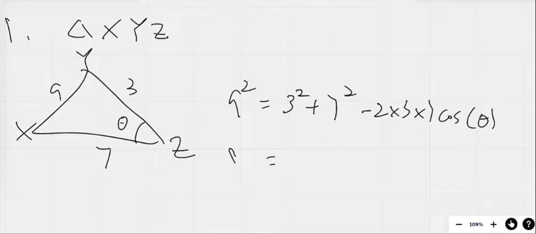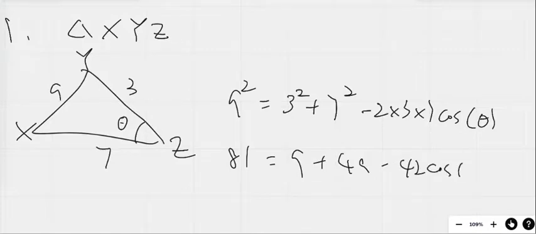And 9 squared is 81, 3 squared is 9, 7 squared is 49, 2 times 3 times 7 is 42 cosine theta. And 81 minus 9 minus 49, which is 81 minus 58, is 23. And 23 is equal to negative 42 cosine theta.